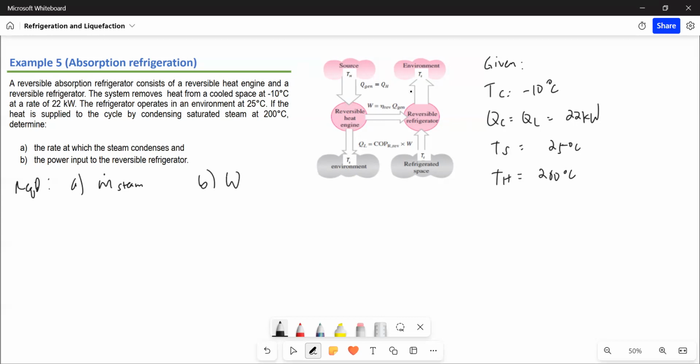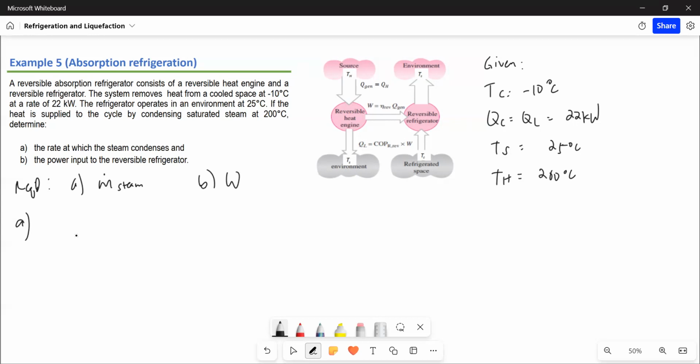Alright. So the first thing that we can do is solve for the mass flow rate.